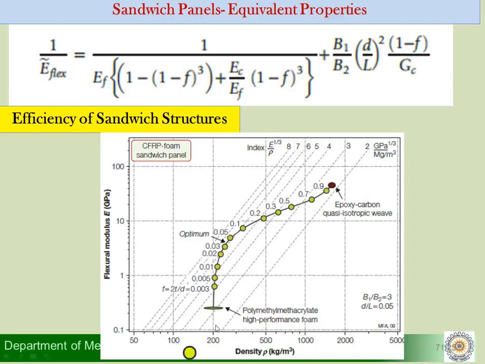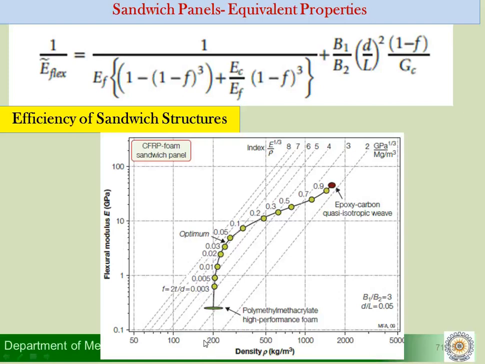And we'll be plotting this curve for different values of F, for different values of the volume fraction of the face material. So it is F equal to 2T upon D. These dots are telling us we are plotting the E bar value and the density value.